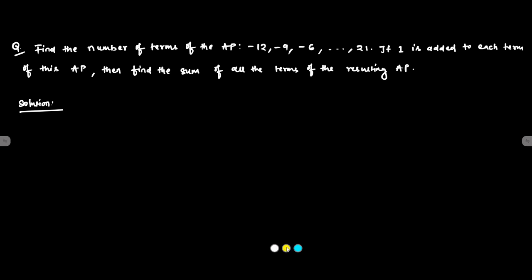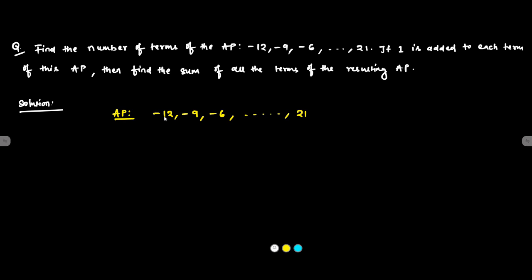Okay, so it is given here that the AP, the arithmetic progression, has the terms minus 12, minus 9, minus 6, up to 21.